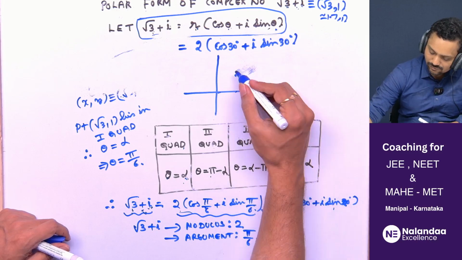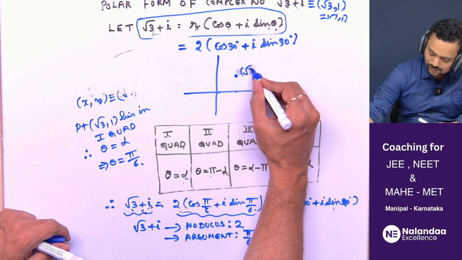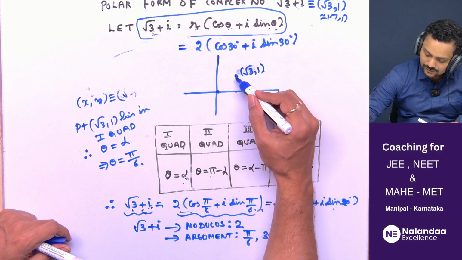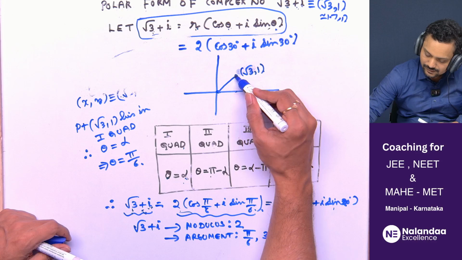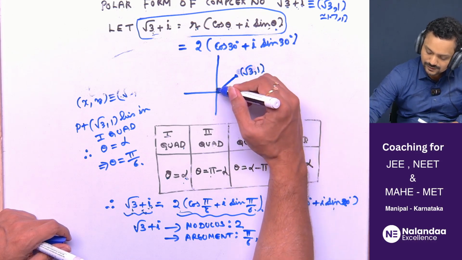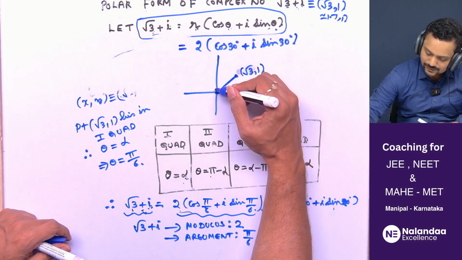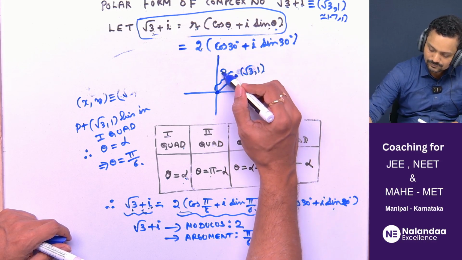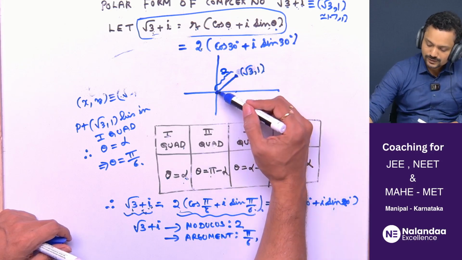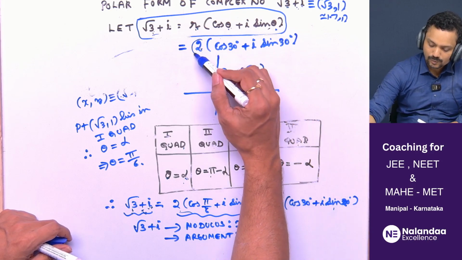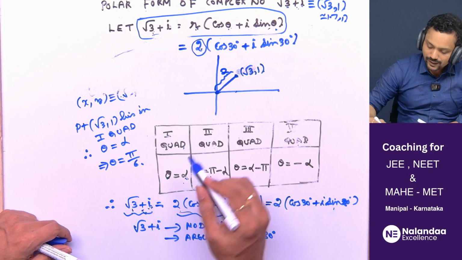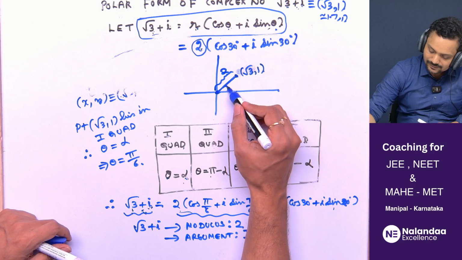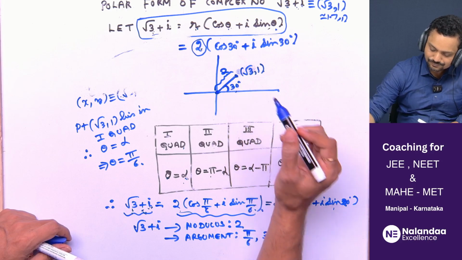If you join this point to the origin, the distance from the origin to this point is exactly 2 units. So distance from here to here represents the modulus of the complex number. And the meaning of 30 degrees is that this line is making 30 degrees with the x axis.